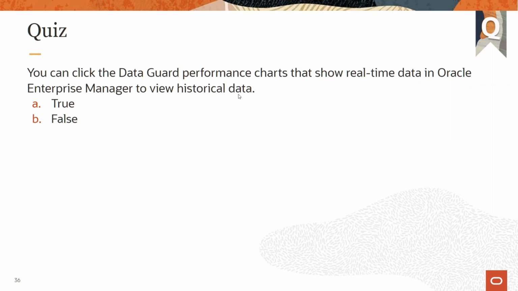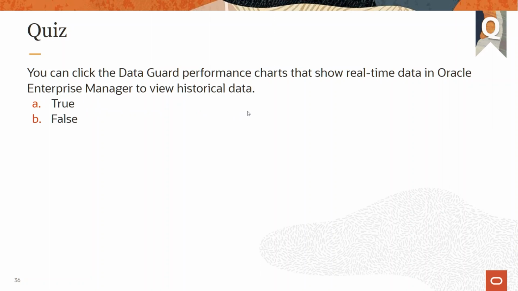But we can also have 24 hours and 7 days as the window. So in order to view historical data, we have to change the view data to either 24 hours or 7 days or even more. So the answer depends on how you interpret this question. My answer could be false, but according to the manual, it is true.